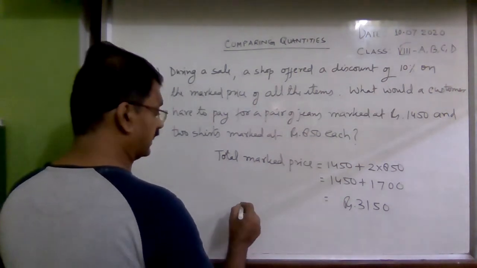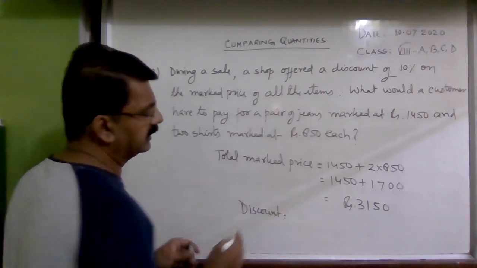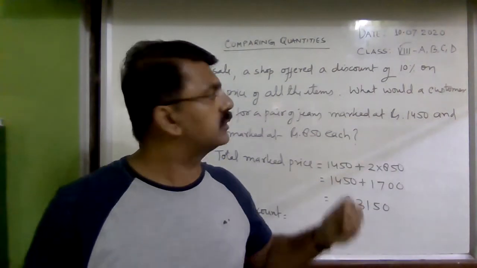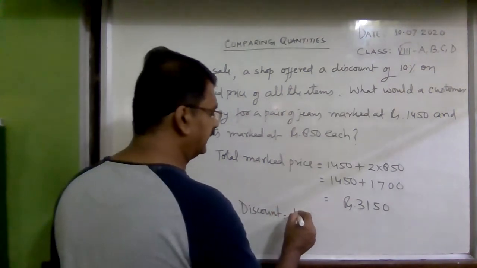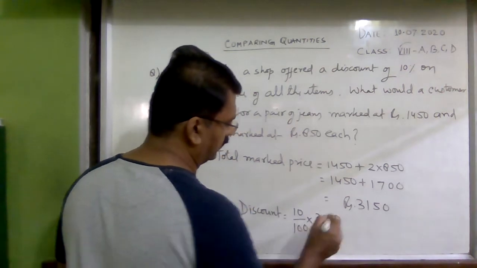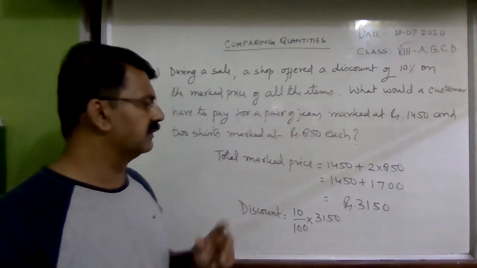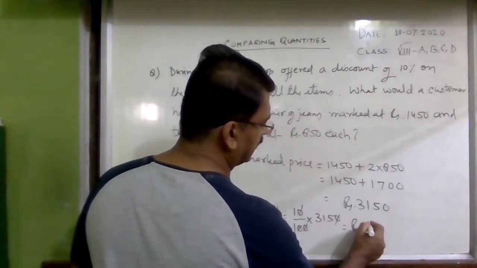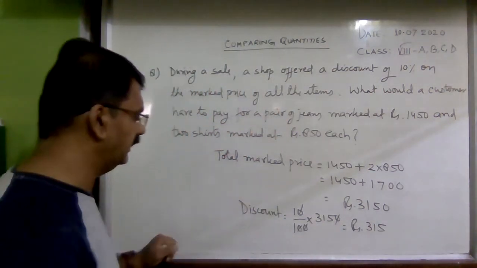Now discount. In the question it is given that the discount is 10% and I told you that discount is always calculated on the marked price. So the discount will be 10% of 3150. So when you solve, it is rupees 315.